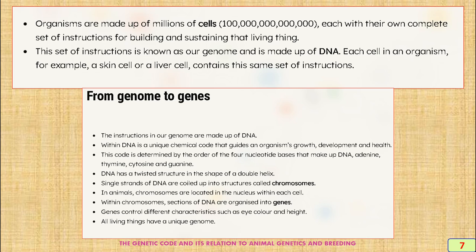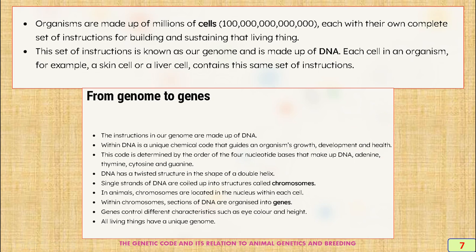So, from the genome to genes: the instructions in our genome are made up of DNA, within which there is a unique chemical code that guides the organism's growth, development, and maintenance of health.